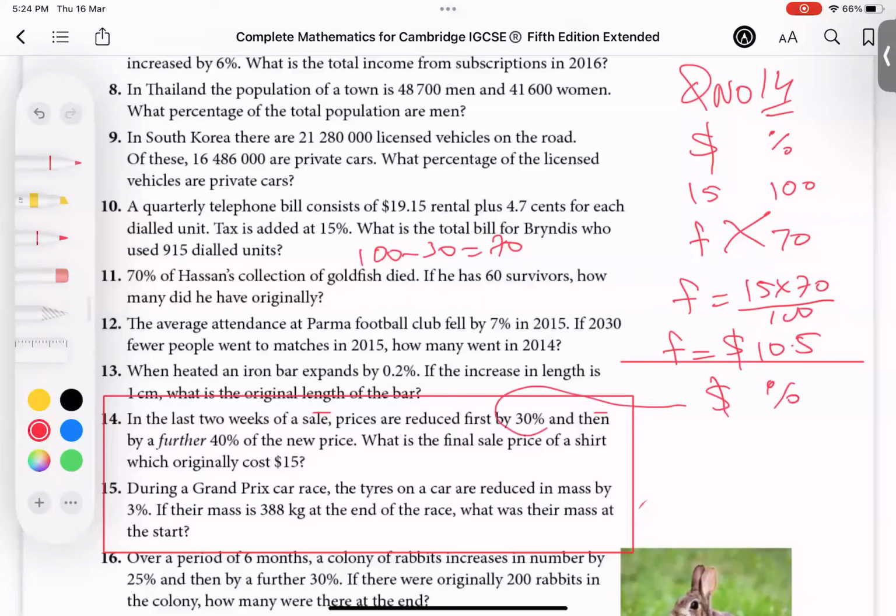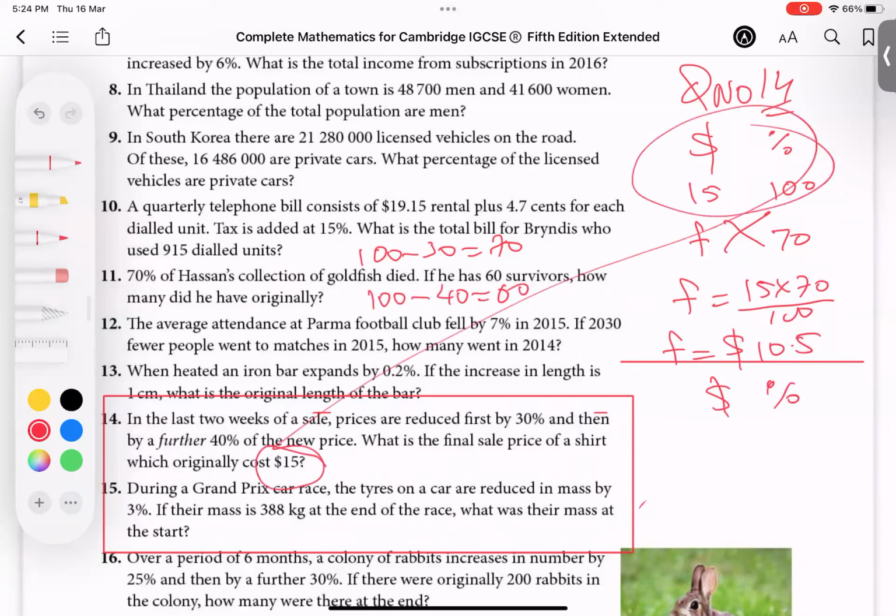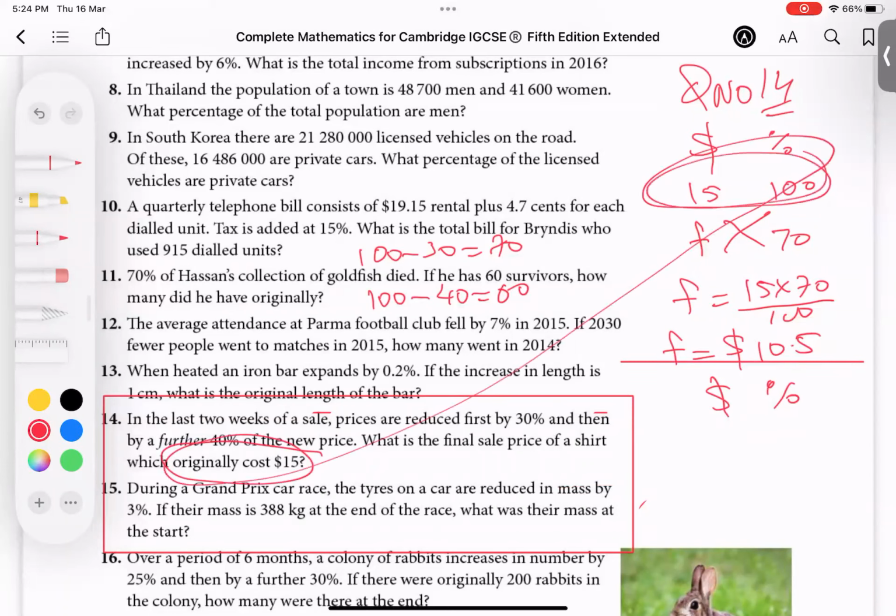Now again I write dollars, again I write percentage. Now he's saying the first 30% decrease is done. And now a 40% reduction. Now what is the 40% reduction? I'm writing here, out of 100, subtract 40. How much is left? 60. So repeat my words. Now listen please. First, this $15 behaved as the original amount.